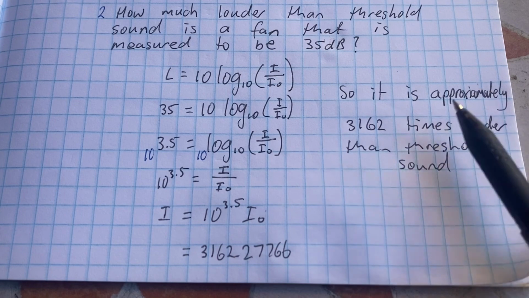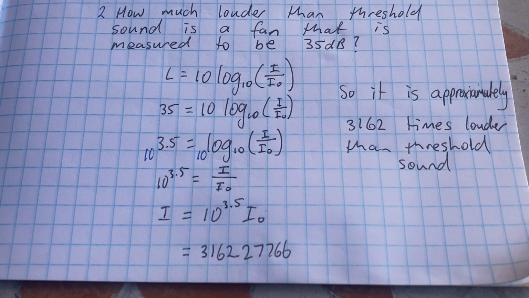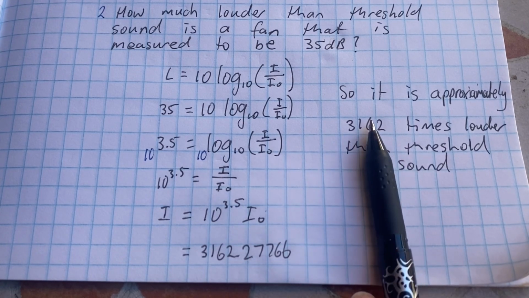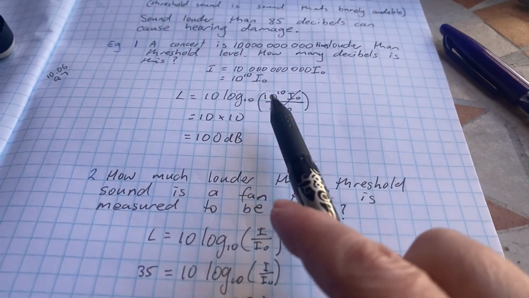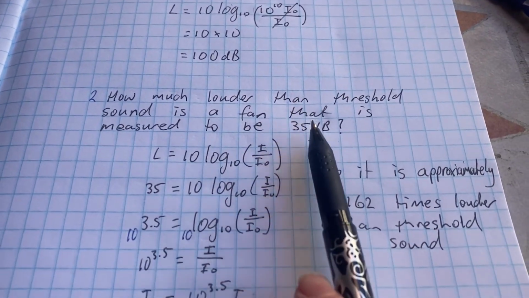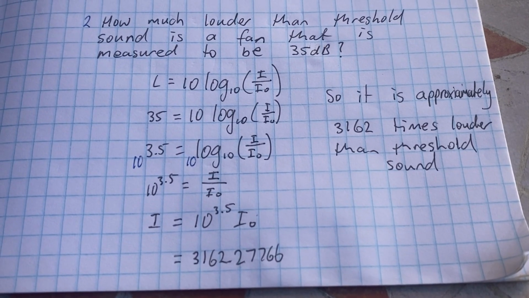So it is approximately 3,160 times louder than threshold sound. So these numbers you end up getting are actually quite significantly big numbers. In both of those examples, we had some really big numbers there, just for a few changes in decibels. And we're going to look closer at that in a later exercise.